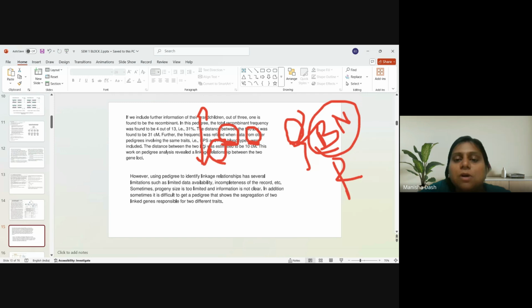So the distance between the two loci was found to be 31 centimorgan. This is a simple condition where, instead of using repeated crosses, we are using a pedigree chart to depict the relationship or distance between the genes.